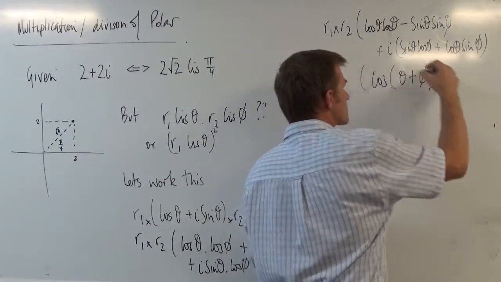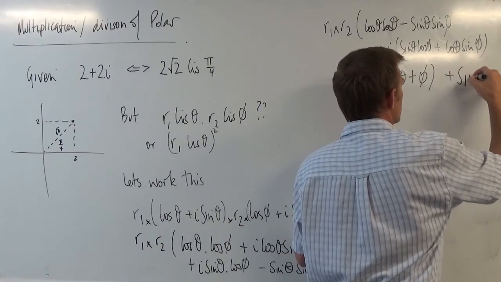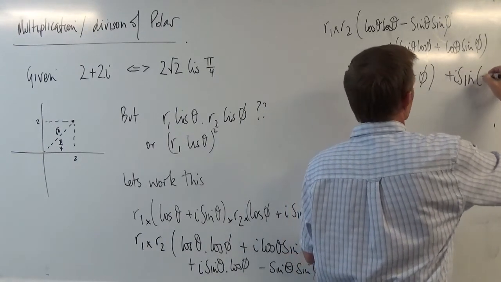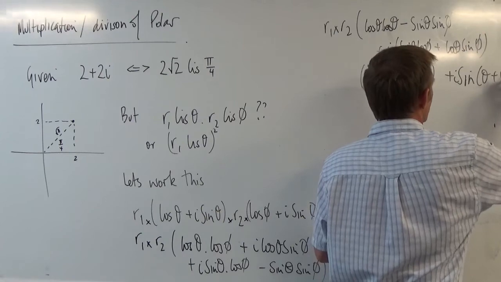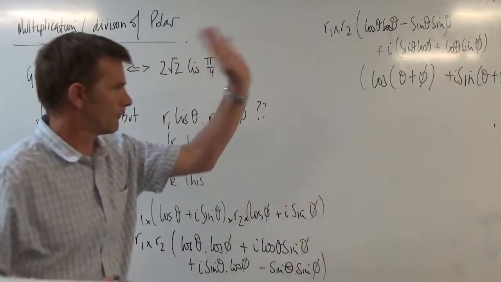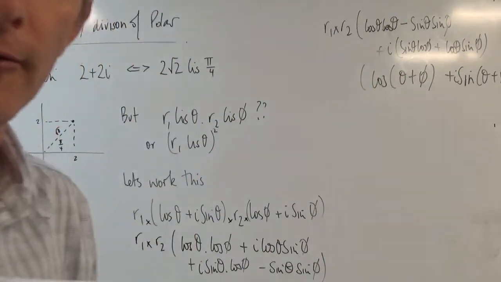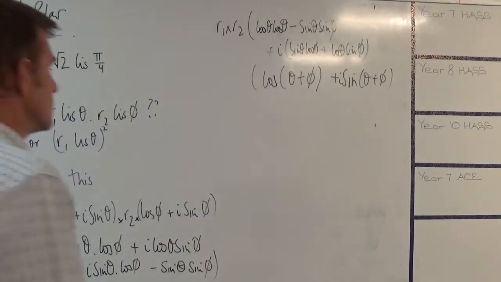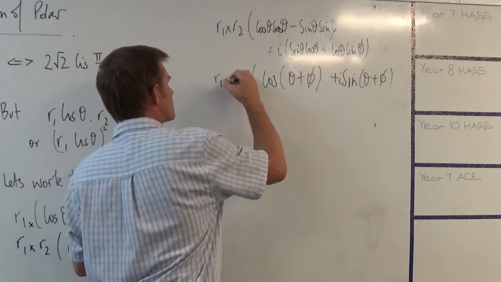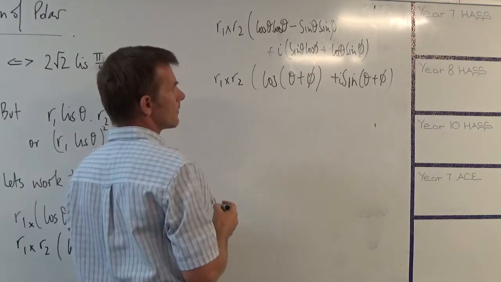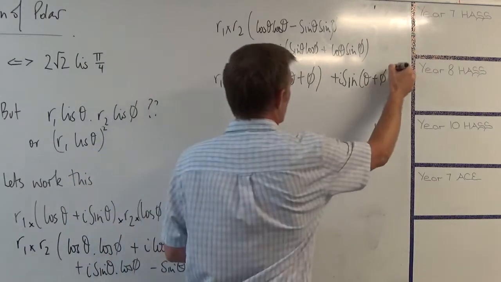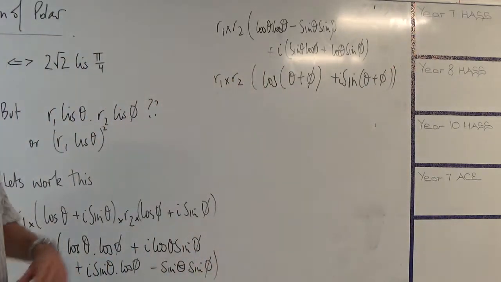And then this will be sine, it might fall off the screen here, of also theta plus phi. That might fall off the screen for you at the moment. Let me just move you across. Hopefully that works. And I've got r1 times r2 still out the front here. So I think you'll find that that'll break down.